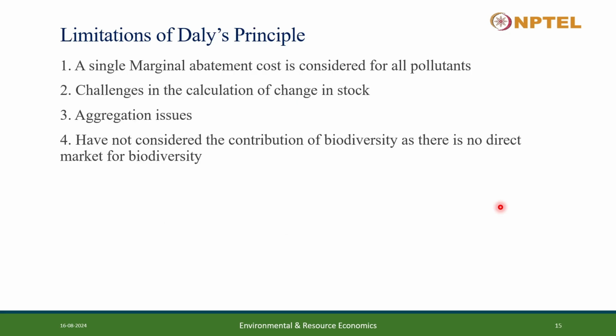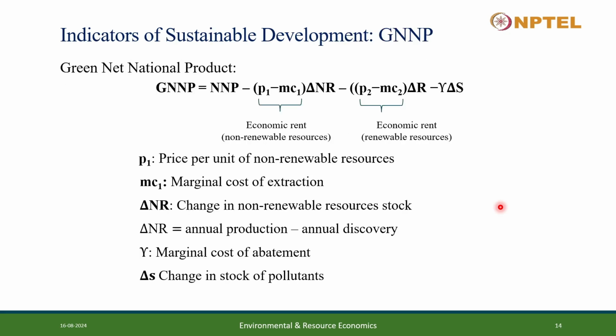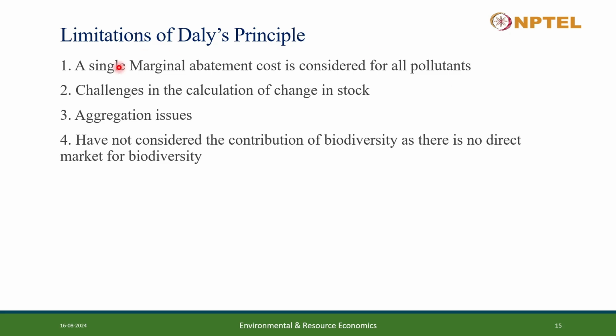However, it's not that simple as we see in this formula. Here we are accounting for delta NR, the change in non-renewable resources stock, and delta R, the change in renewable resources stock, and then emission. The first problem is that a single marginal abatement cost is considered.